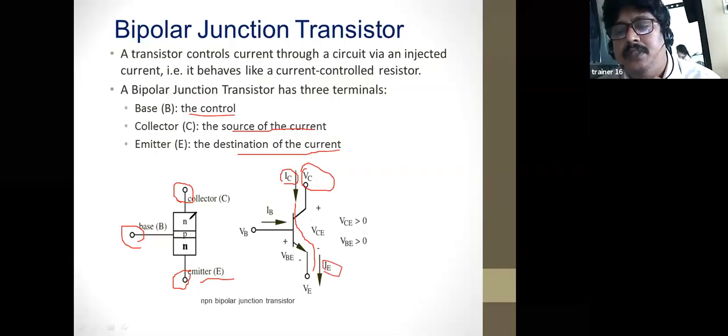In the NPN junction transistor, if you see, the base is nothing but a p-type semiconductor. So in this NPN transistor, either n-type semiconductor or p-type semiconductor is sandwiched with the opposite pairs.